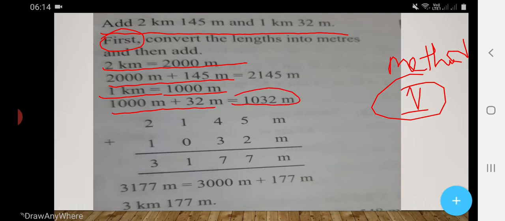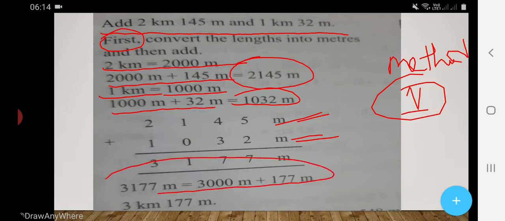Now add 2145 meter and 1032 meter. I write this, then add: 5 plus 2 is 7, 4 plus 3 is 7, 1, 2 plus 1 is 3. 3177 meter, that is 3000 meter and 177 meter. That is 3 kilometer 177 meter. Write this.